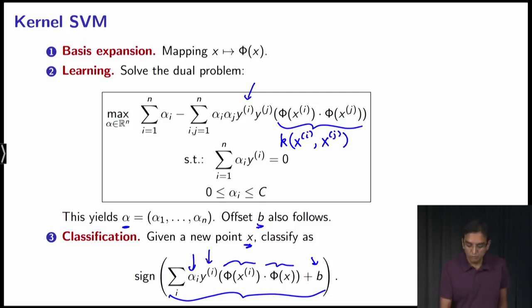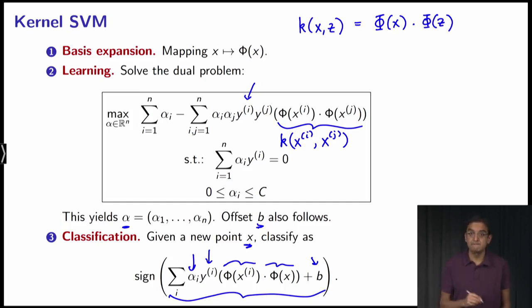Okay, so more generally, we'll say that for any 2 points x and z in the original feature space, k of x, z is the dot product of the expanded representation of x with the expanded representation of z. And we're going to call this the kernel function.